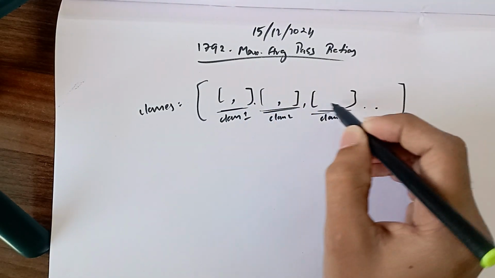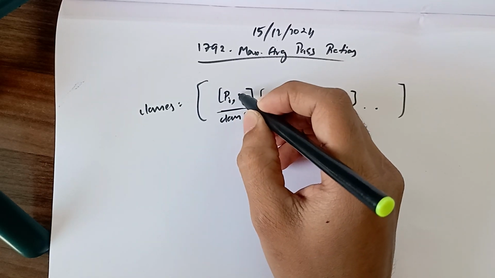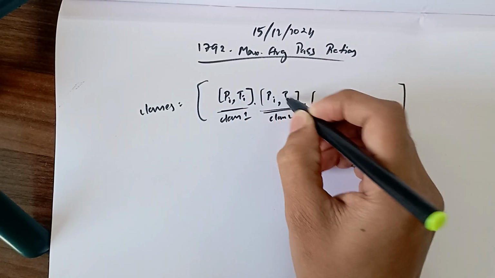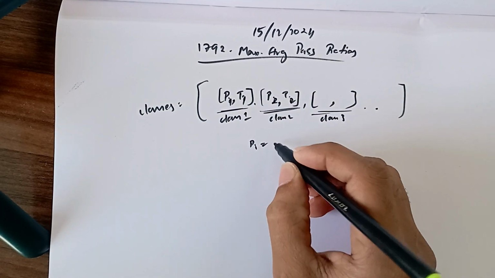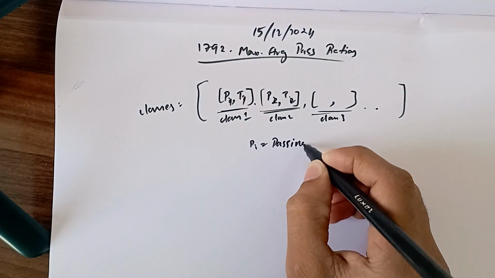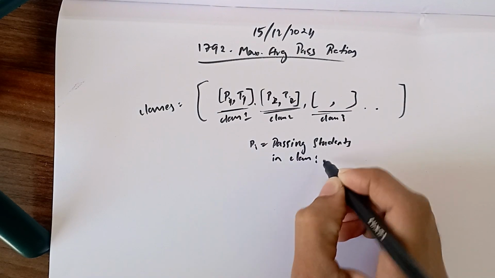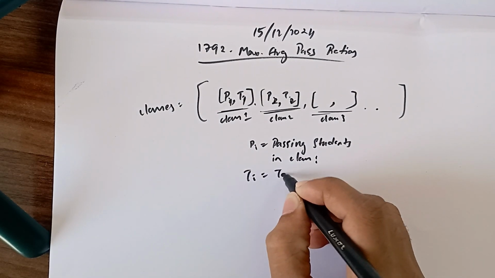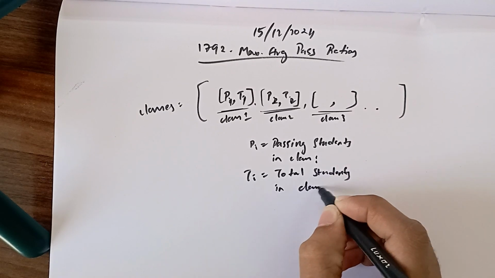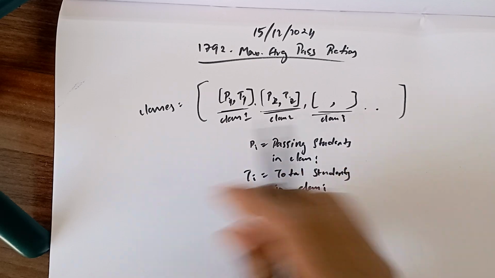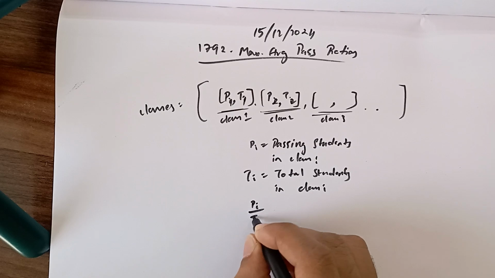Now we have two things here, pi and ti: p1 t1, p2 t2. So pi is the passing students in class i, and ti is the total students in class i. Now the pass ratio of this class will be pi by ti.